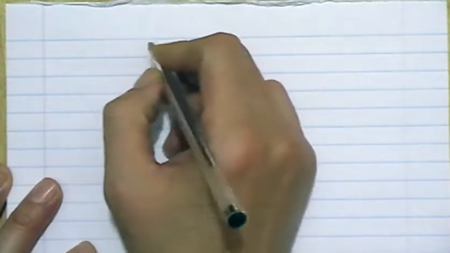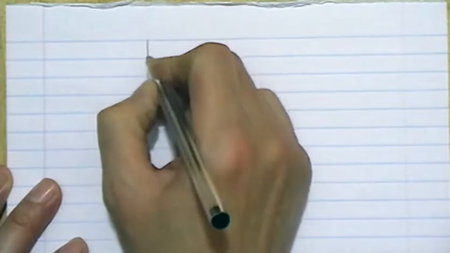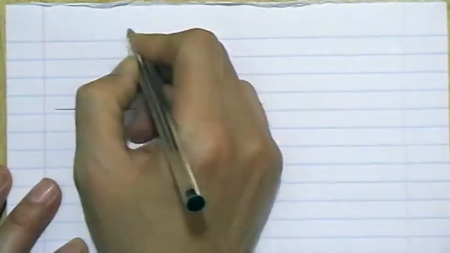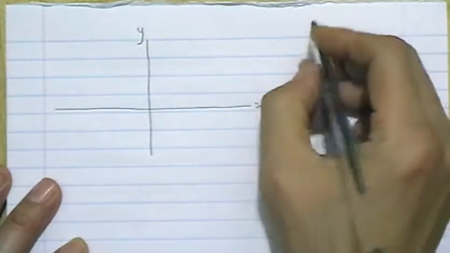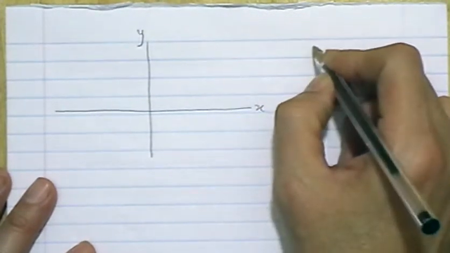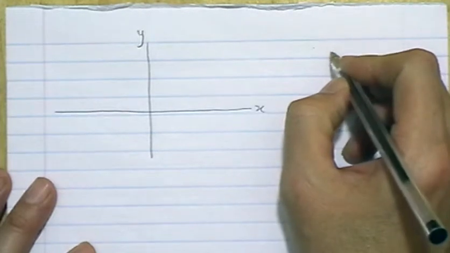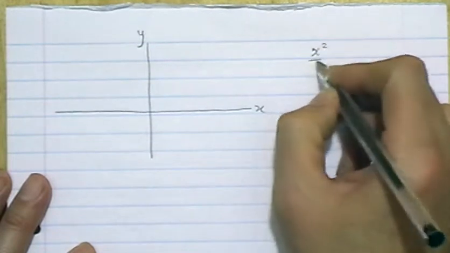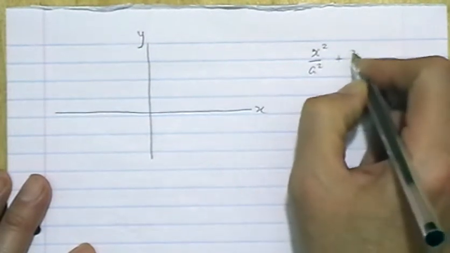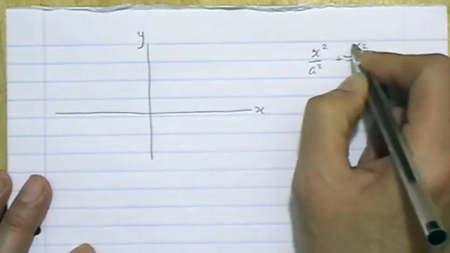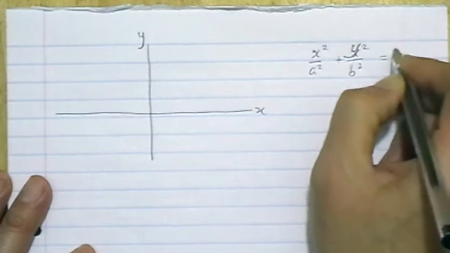Let me start with the x and y coordinates. I'll sketch the curve for x squared over a squared plus y squared over b squared equals 1.